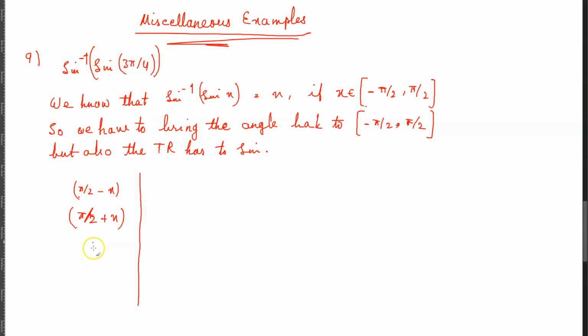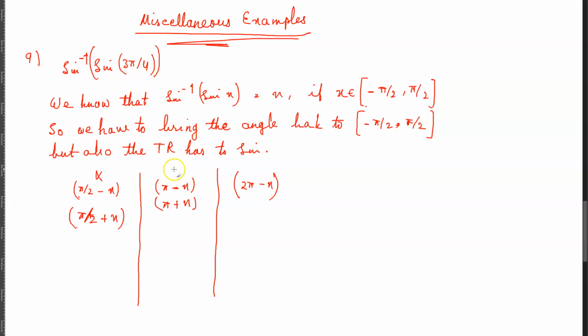So sine becomes cos, so I cannot use this one. Then we have pi minus x and pi plus x, in which case the trigonometric ratio does not change. And also I have 2 pi minus x, in which case the trigonometric ratio does not change.